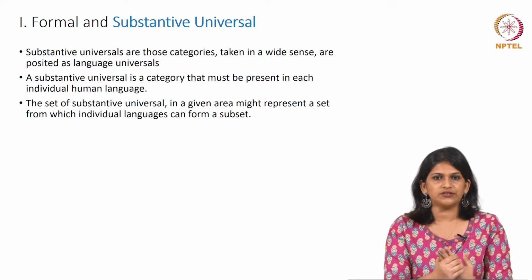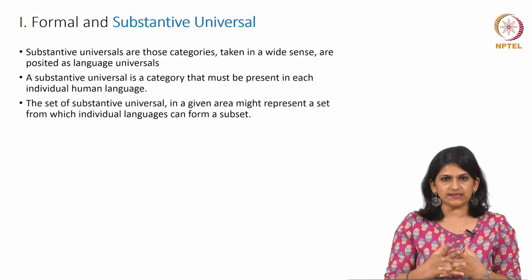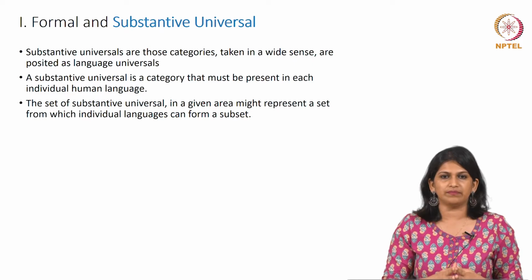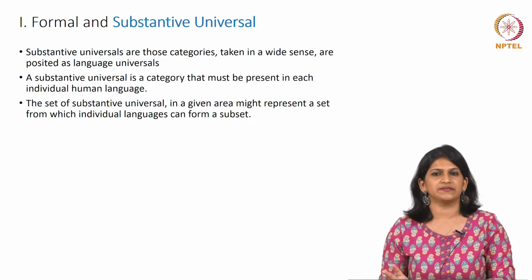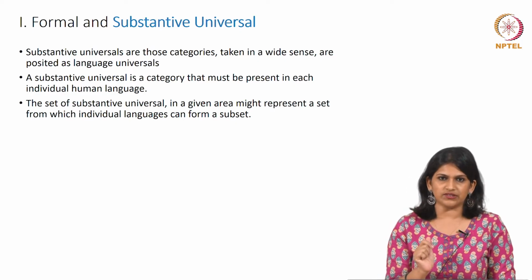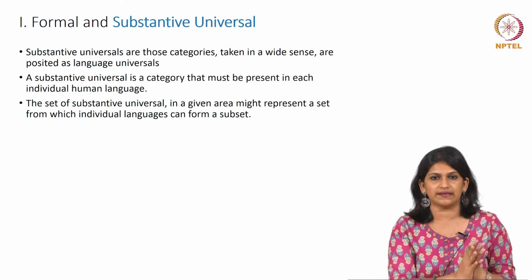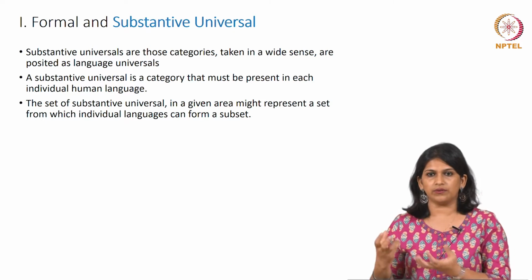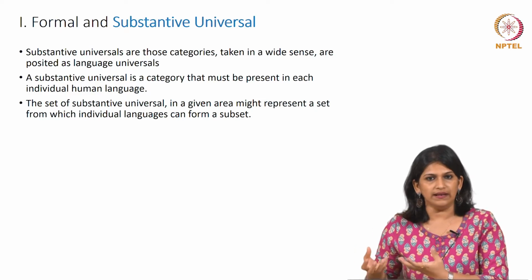In the generative literature on language universals, there is a particular distinction, and it has been playing a very significant role. As the name suggests, when you say formal, you are talking about the abstractness of universals. When you talk about the substantive, you are substantiating with the empirical data.